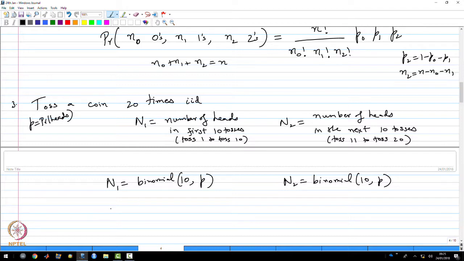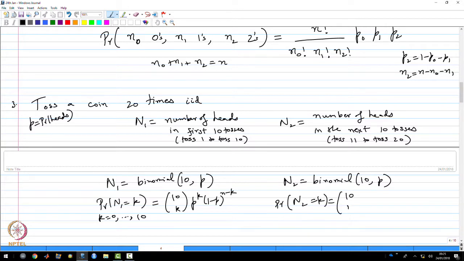So what do I mean by that? The probability that n1 is k, for k equals 0 to 10, is 10 choose k, p power k, (1 minus p) power 10 minus k. The same thing holds here: the probability that n2 equals k is again 10 choose k, p power k, (1 minus p) power 10 minus k.